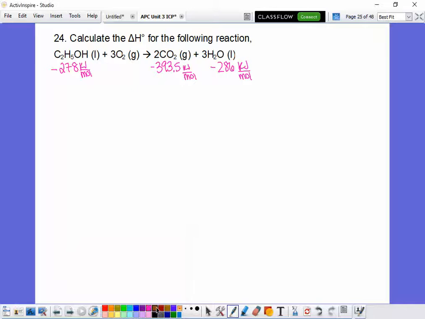Now that you've had a moment to calculate it, setting it up, it should look like this.